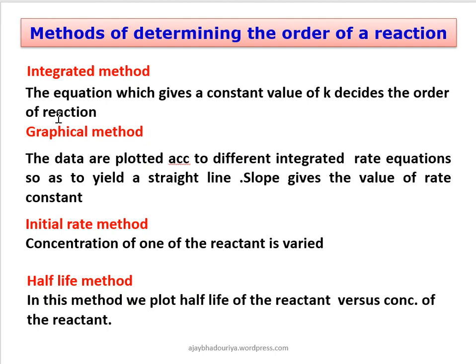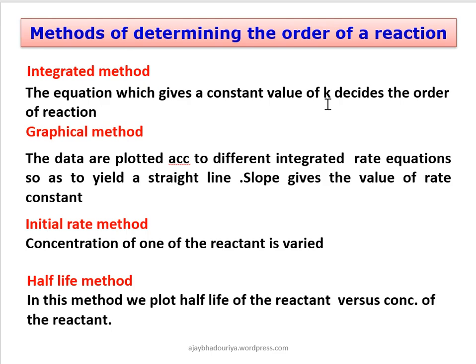And there are many methods by which the order of reaction can be determined. These are methods such as the integrated method, graphical method, initial rate method, and half-life method. In the integrated method, the equation gives a constant value of K, which decides the order of reaction.